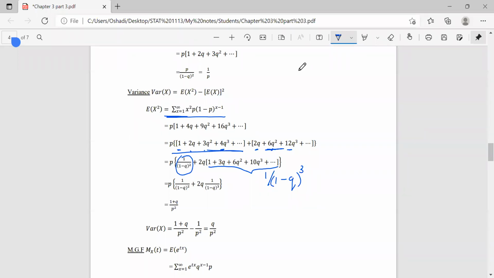So substituting the summations of those series, finally we obtain the expected value of x squared as 1 plus q over p squared. By substituting that expression here, we can obtain the variance. It is q over p squared.